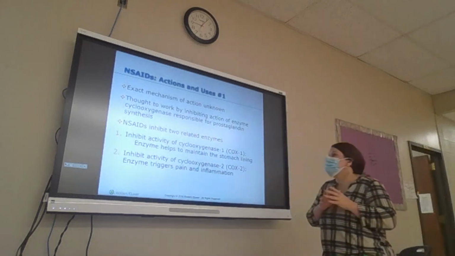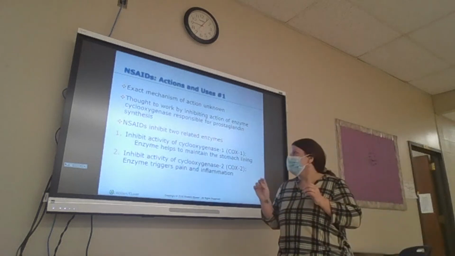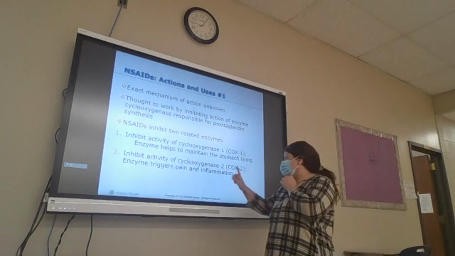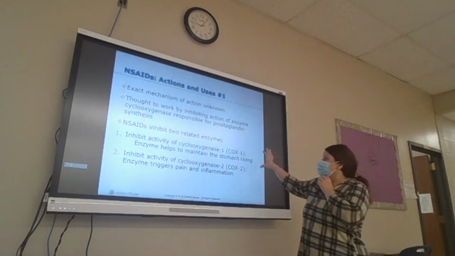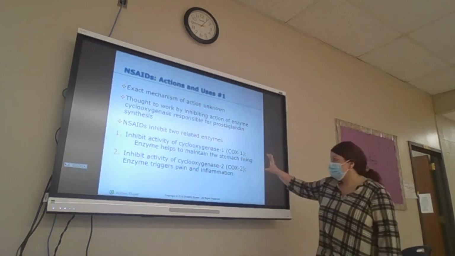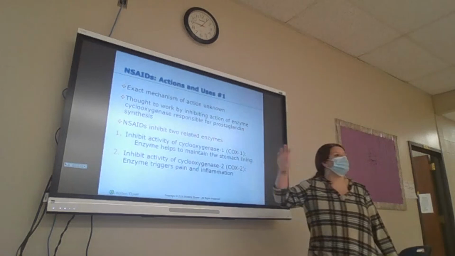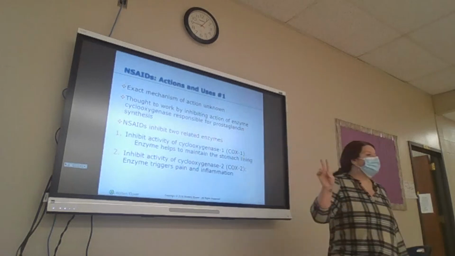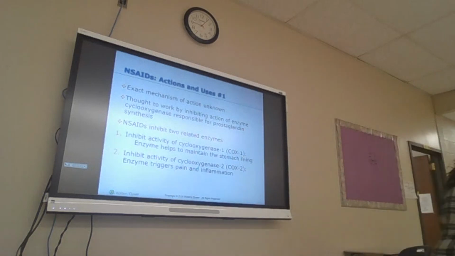So NSAIDs inhibit two related enzymes, cyclooxygenase COX-1 and COX-2. We know these two have something to do with their mechanism of action. When you look in your book, there's a specific COX-2 inhibitor listed here, and it is Celebrex.